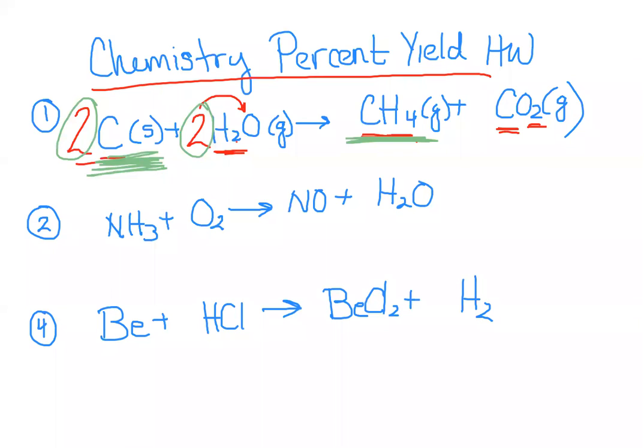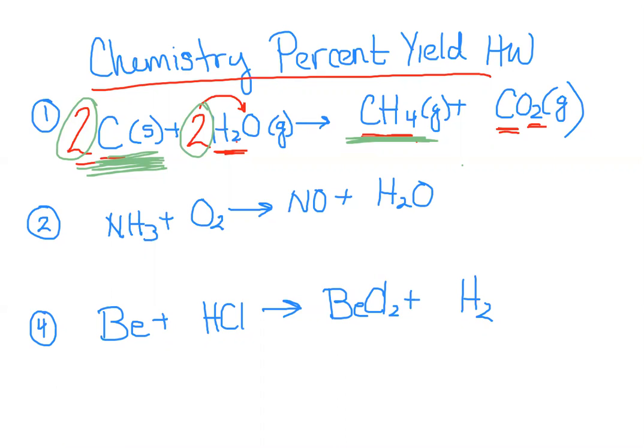So you're going to change the grams of carbon, 235, to grams of methane. That's part A, and what that gives you is your theoretical yield. Part B, they gave you your actual yield of 126. You're going to use your theoretical yield from part A and find your percent yield.